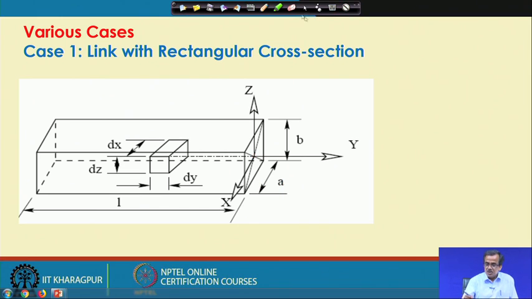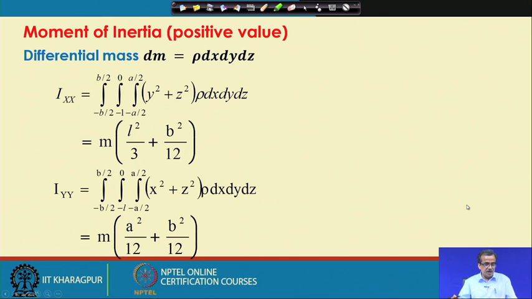Now, we can find out the expression for this integration with these limits: x from minus a by 2 to plus a by 2, then dy from minus L to 0, then dz from minus b by 2 to b by 2. All of us know how to carry out this integration, and all of you please practice to derive this expression.